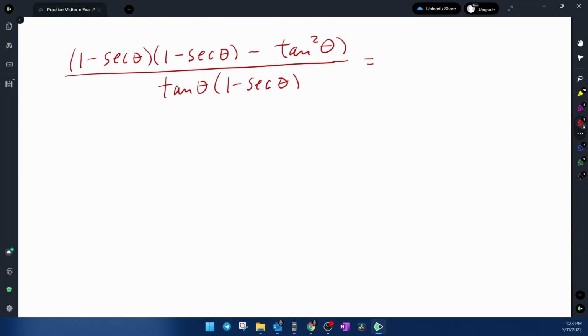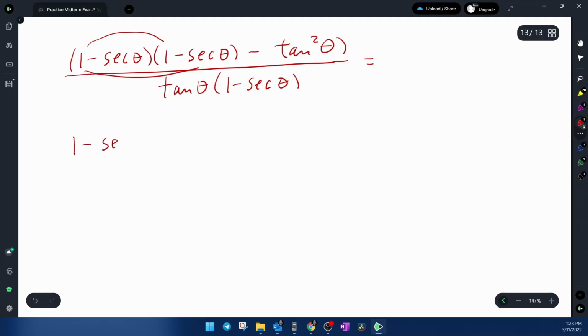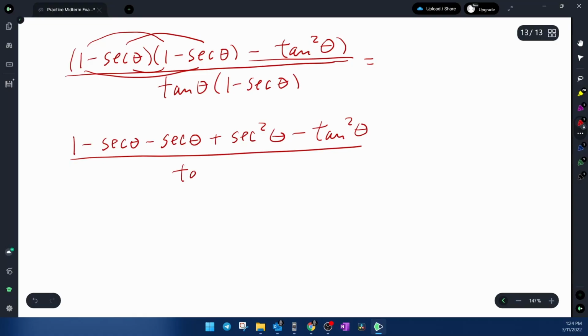Now for the FOIL method. 1 times 1 is 1. 1 times anything is itself. So we're going to get negative secant theta. Same on the inside, negative secant theta. Last but not least, negative times a negative makes a positive. Secant theta times itself would be secant theta squared, and then minus tangent theta squared all over the common denominator.